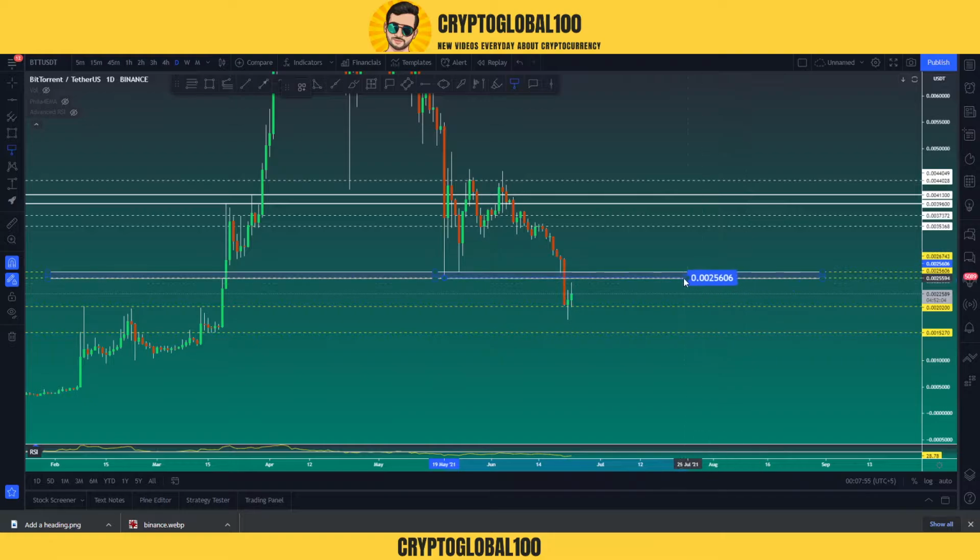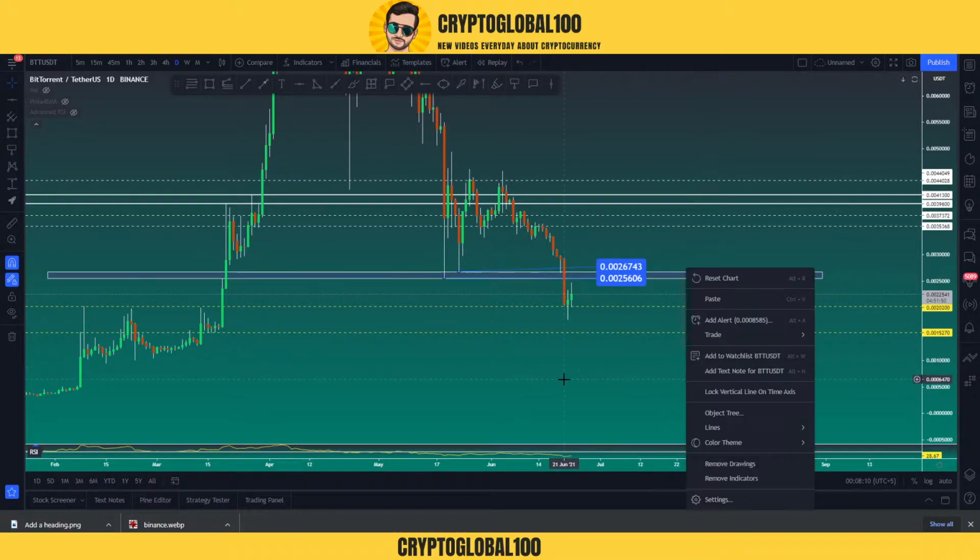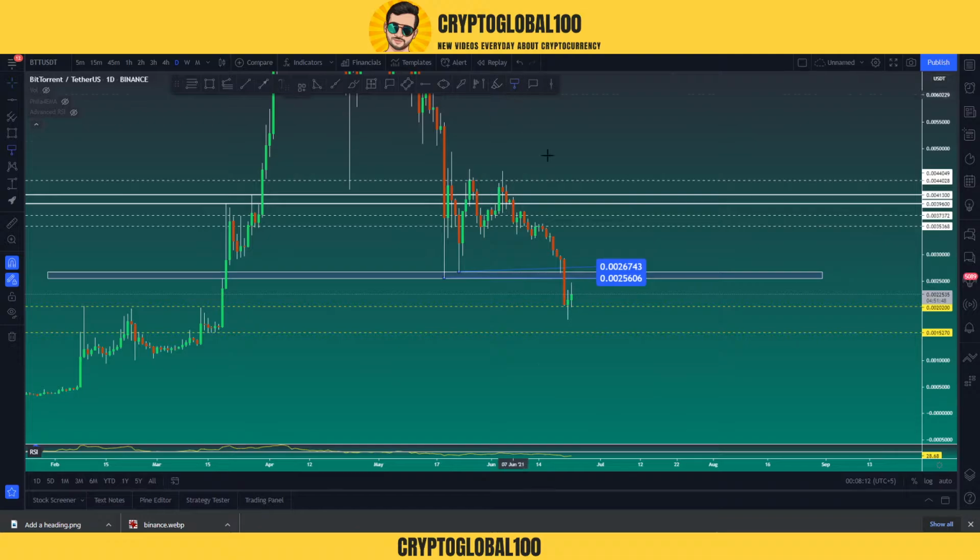If we mark a price somewhere around here, this is the price 1, and this is the area of resistance, the supply zone. And below we have this area as a support level. This is the support 1, and next up this is the support area 2.